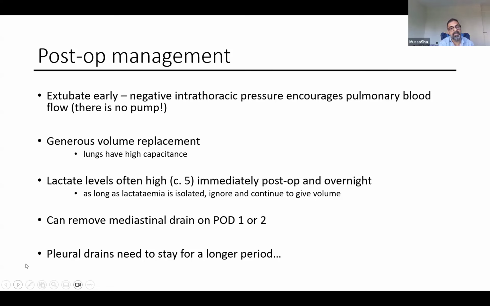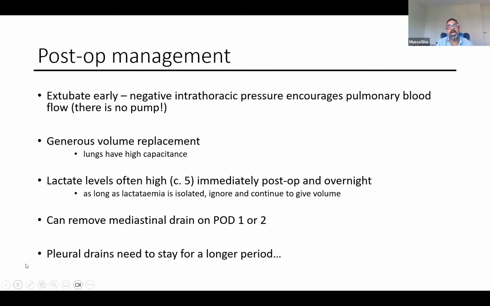The mediastinal drain can be removed on the first or second post-operative day, but the pleural drains need to stay in for a longer period. And that's because, again, there is a tendency for these patients to develop pleural effusions as the lungs start to cope with the extra flow and the change in pressure. The Starling forces across the pulmonary vasculature lead to the accumulation of pleural effusions in the pleural cavities.